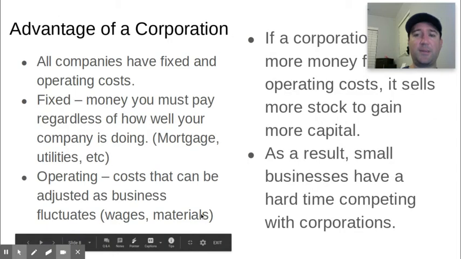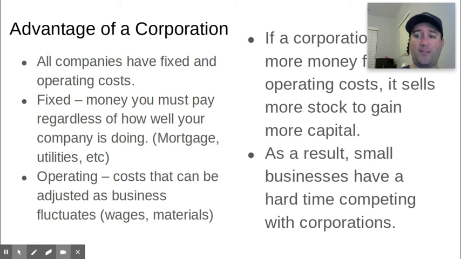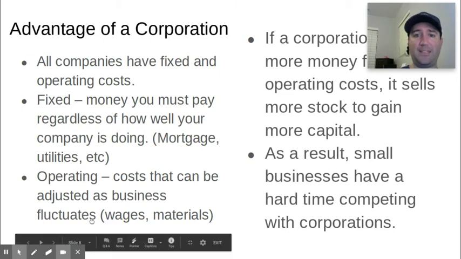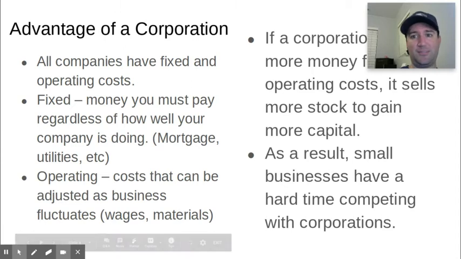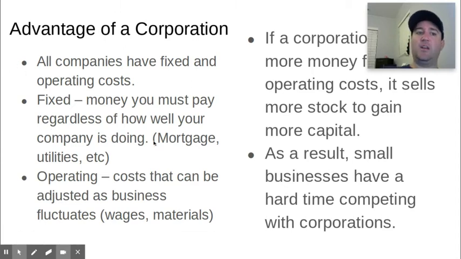Now, there's a big advantage to being a corporation as opposed to, say, a small business, where if you need more money, you either have to make it or you have to take a loan from a bank. And if you aren't able to pay that loan back to the bank, then you are in trouble. You won't be able to maintain your business.